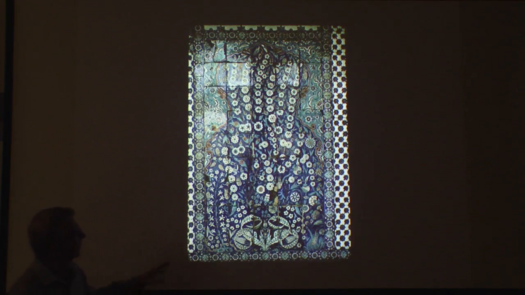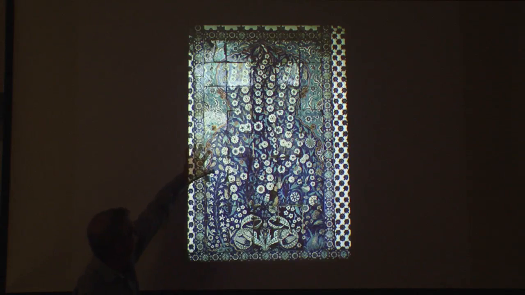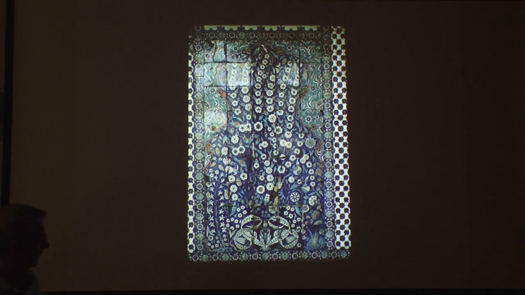And what is perhaps the most spectacular feature of this building is the quality of the Iznik tiles that are used in it. So these are the underglaze painted tiles, which for the first time start using this red color. We'll see some of these when we look at panels at the museum.